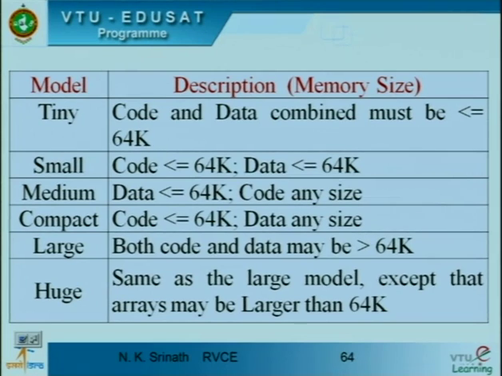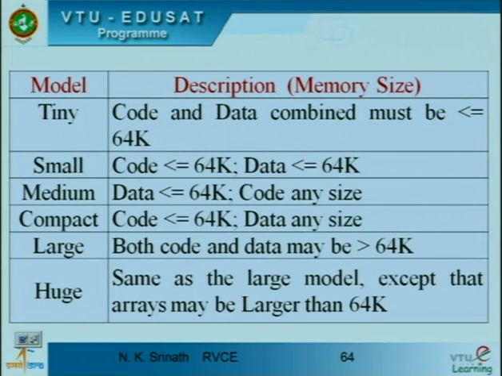If the size of the code can be of any size, but the data is limited to less than 64K, then we call it .model medium. If you say .model compact, the code is less than 64K, but data can be of any size. When you say large, both data and code are greater than 64K, which means it can be in more than one segment.